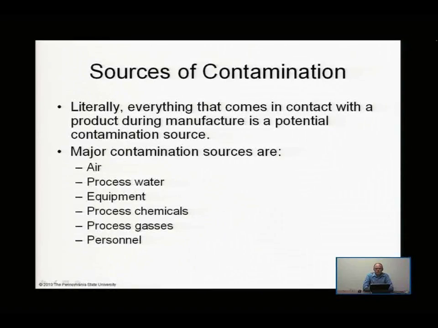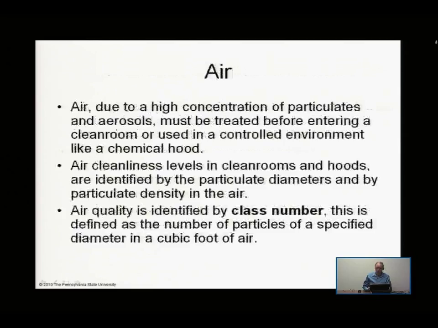Processed water can be a contamination source if not carefully monitored. Equipment that you're using to fabricate nanoproducts can be a source of contamination if not carefully taken care of. Processed chemicals, if they're not of sufficient purity, can be a source of contamination. Processed gases, again, if not of sufficient purity, can be a source of contamination. And of course, humans, personnel, as we've said several times, can be a source of contamination.